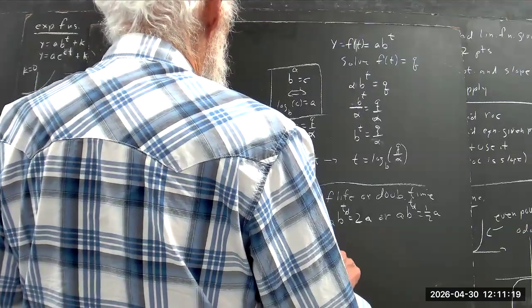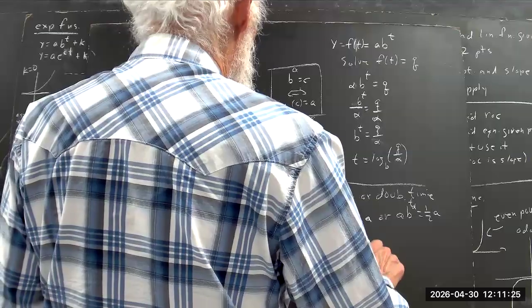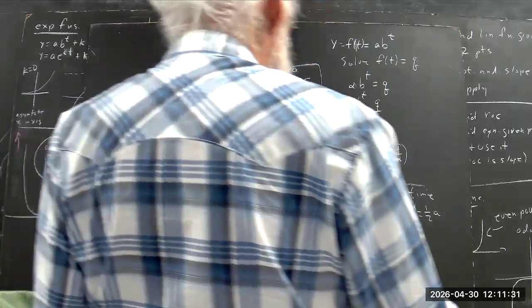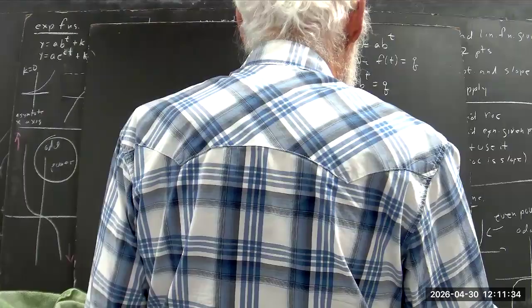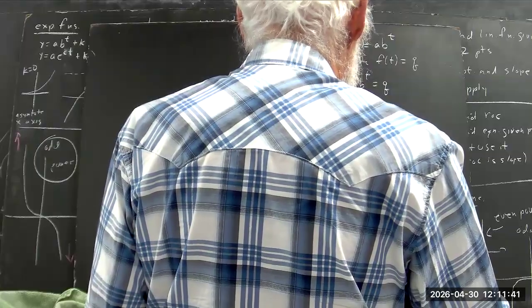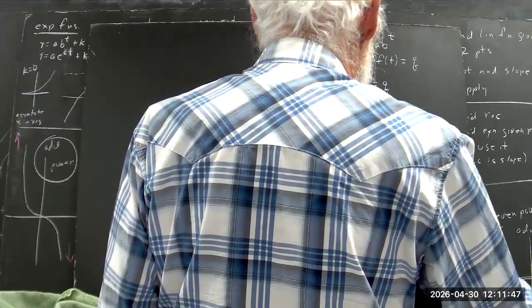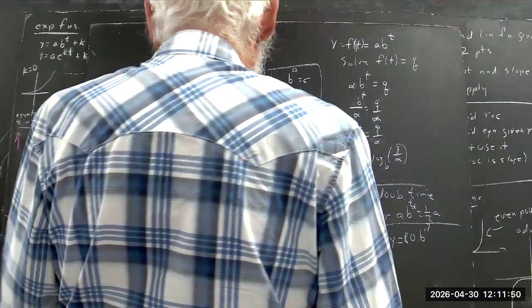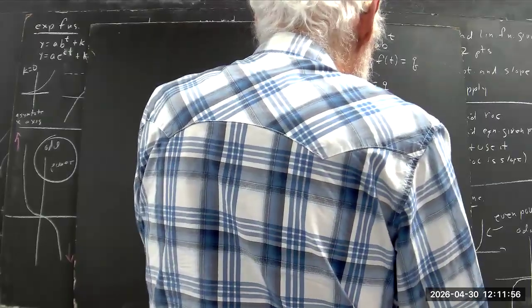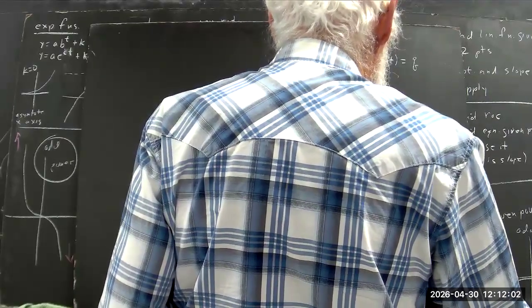Example, again, half-life of y equals a times 0.7 raised to the t power.